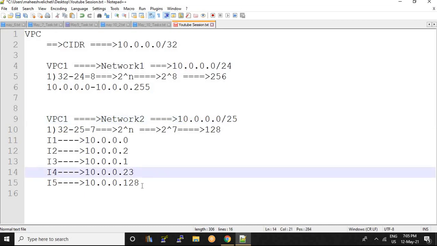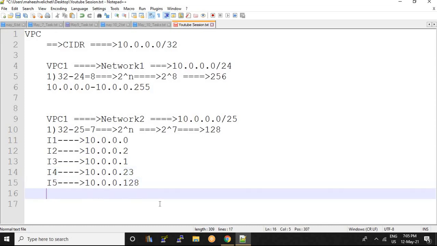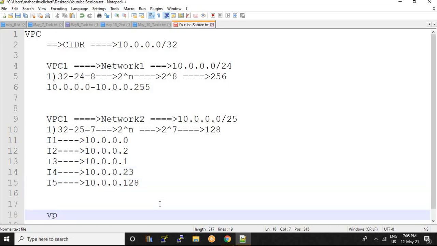Okay. And next, I am considering another network, VPC 3. And this network 3 has a CIDR notation of 10.0.0.0, and I am assigning /22.